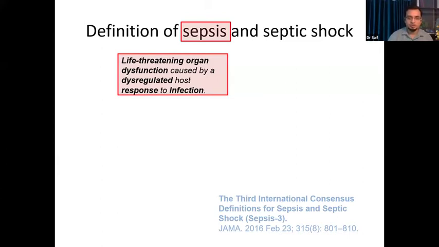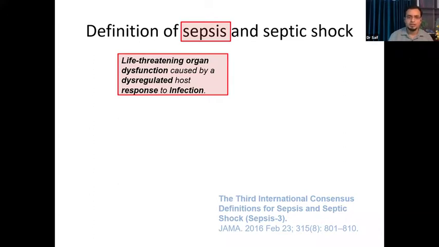What does that mean? That means that sepsis causes organ dysfunction. This organ dysfunction has to be life-threatening, and it is because of a dysregulated host response to infection. So there are three terms which are very, very important: life-threatening organ dysfunction, like respiratory system involvement, cardiovascular involvement, CNS involvement, GI involvement, kidney involvement.